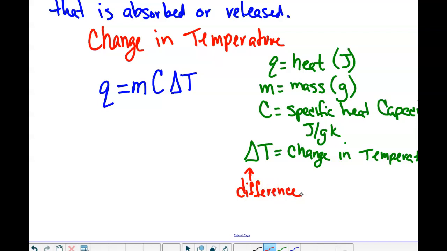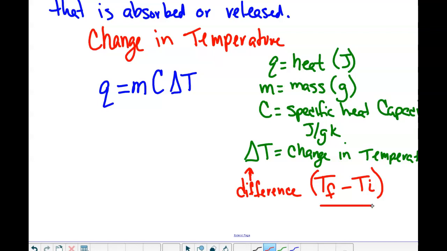So when you have a difference, what does that mean mathematically? What do you think you're going to have to do? That's right. So the change in temperature is always going to be defined as the T final minus the T initial. What did you end at, minus what did you start at? So that's why we use the delta symbol to talk about the difference. So if you ever need the final temperature or the initial temperature, don't forget that this delta T is actually T final minus T initial.